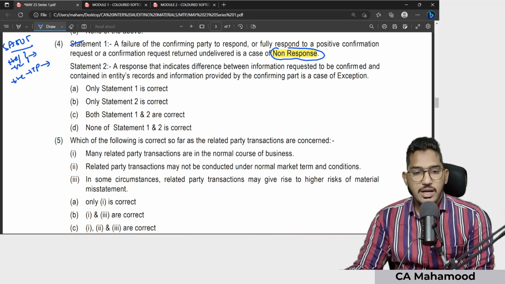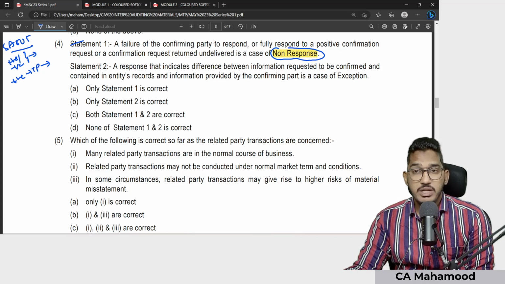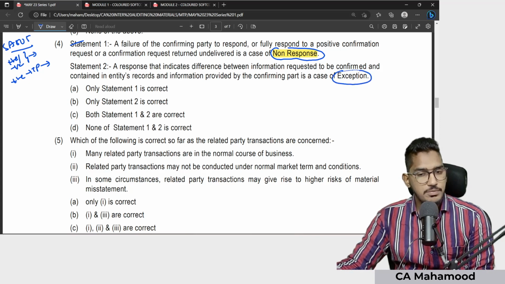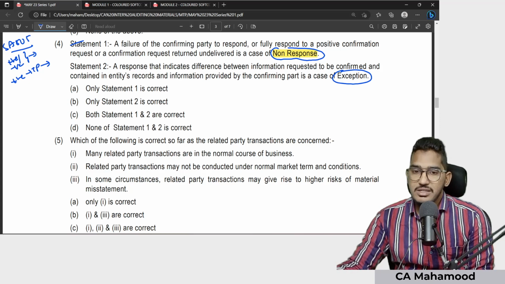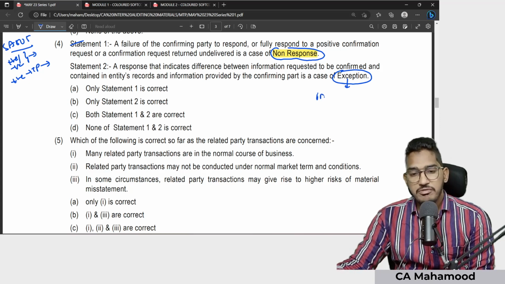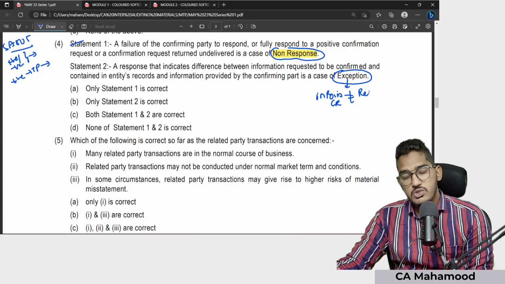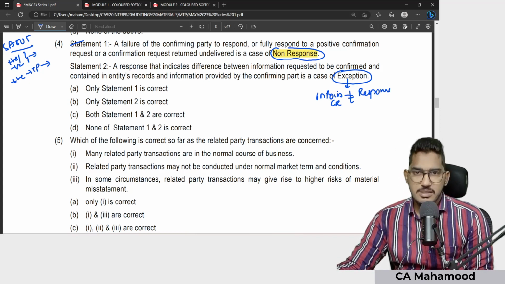Next, statement 2. A response that indicates a difference between information requested to be confirmed and contained in the entity's records and the information provided by the third party, that we call an exception. Yes, this is also the definition given under SA 505. What is the definition of exception? Whatever information is in the confirmation request and whatever response is provided by the third party, if both are not matching, we call it an exception.